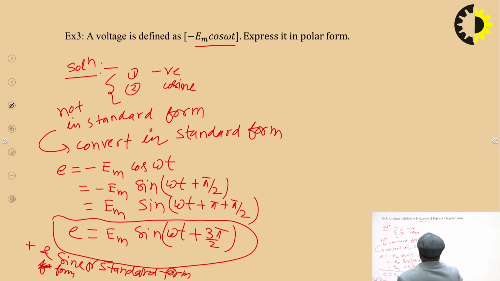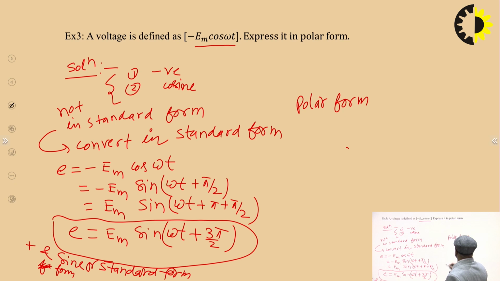Right. So what was the basic task? We had to express this into polar form. What is the meaning of polar form? Polar form means r angle theta. What is the meaning of r?